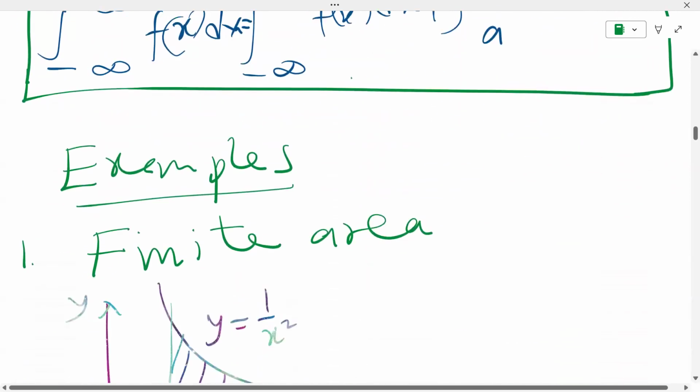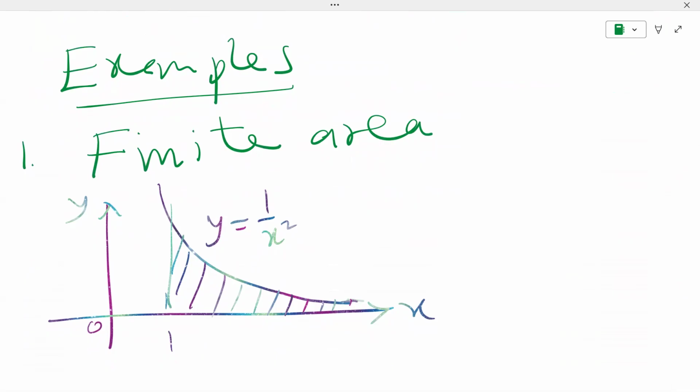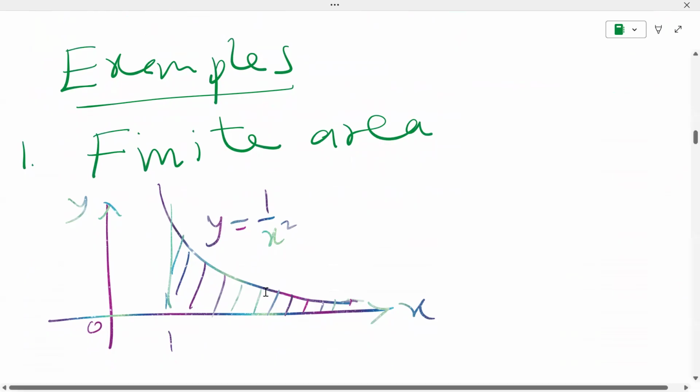All right, so we want to look at some examples. The first example gives us the sketch of y equals 1 on x squared, and this shaded area is what we are going to compute. We can start from 1, or we can give it a common letter a. So from 1 to infinity, we are saying that this area is finite. When we compute the integral running from 1 to infinity, we shall get a finite number.